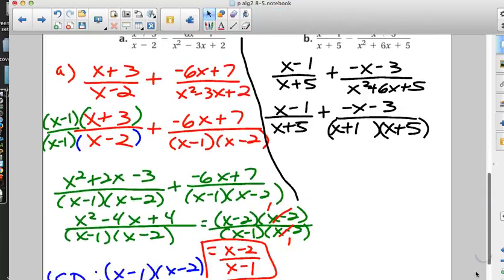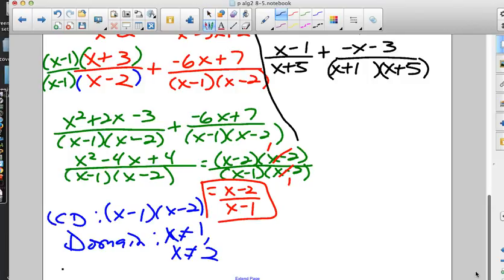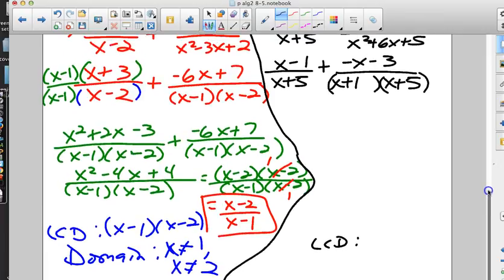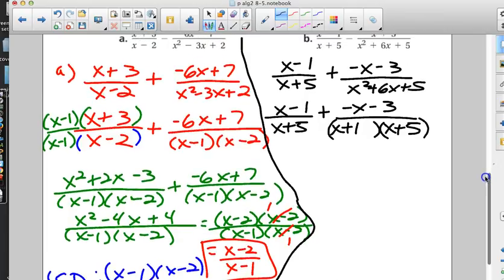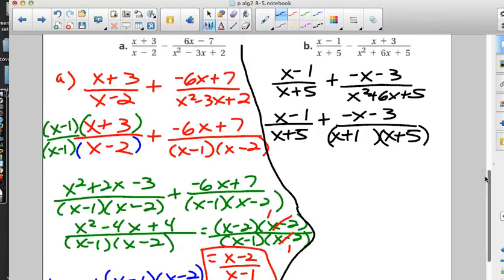Okay, so let me scroll down so I can give myself a little room to write the LCD and the domain restrictions. LCD: x plus 5, x plus 5, x plus 1. You made me think for a second I might have written it down wrong.